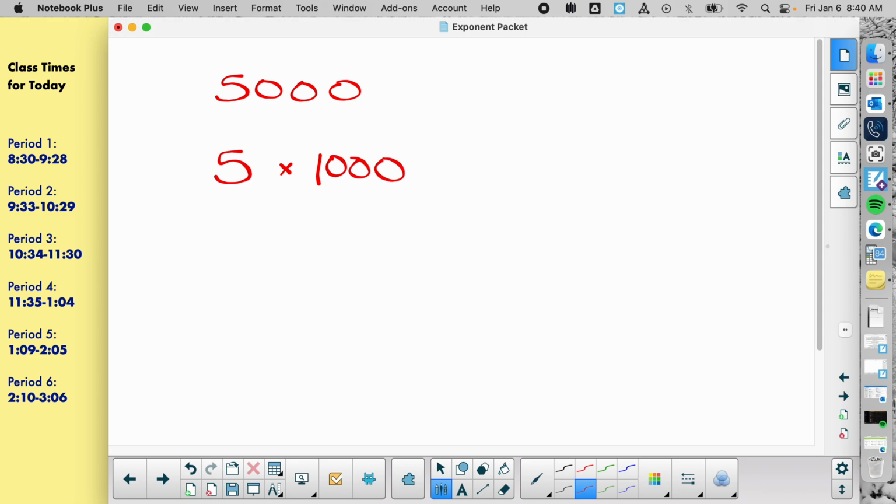Okay? 1,000 can be written as 10 to the third because it's got 3 zeros. 10 to the first is 1 zero. 10 to the second is 2 zeros. 10 to the third is 3 zeros. This is basically just telling you how many zeros there are. That's what the scientific notation is.